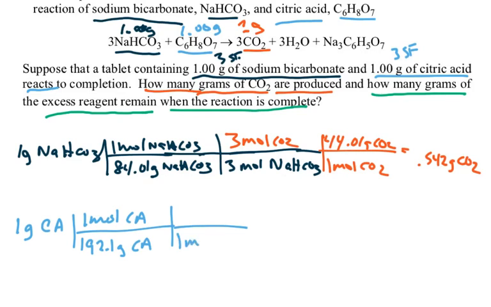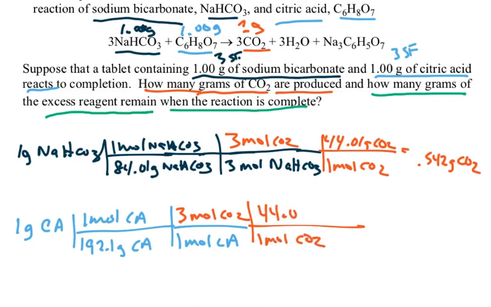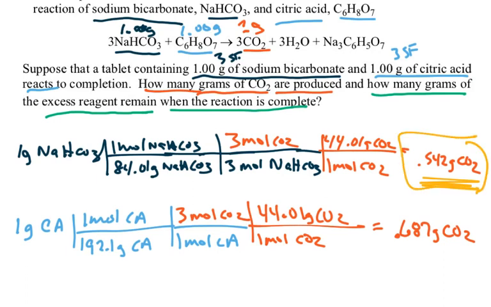So for every 1 mole of citric acid, now we go back and we're going to be red, and we're just going to copy all this red stuff. 3 moles of CO2. For every 1 mole of CO2, 44.01 grams of CO2. So that is 0.687 grams of CO2. Okay, smaller number, that's how much CO2 we're going to make.